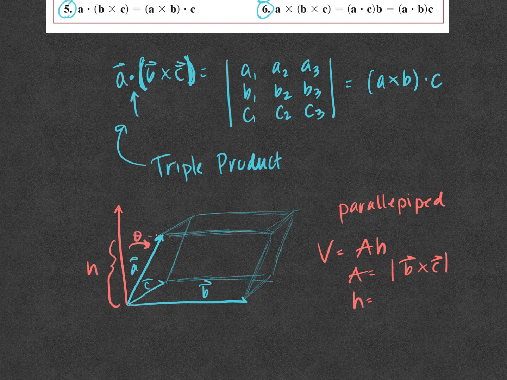If you picture a right triangle, then we could find the height to be the length of A times the absolute value of cosine of theta, because theta doesn't have to be an acute angle, but we need it to be positive because volume is always positive. The height is always positive. So now volume equals the area of the base, which is the length of B cross C, times the length of A times cosine of theta.